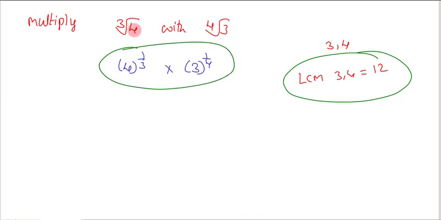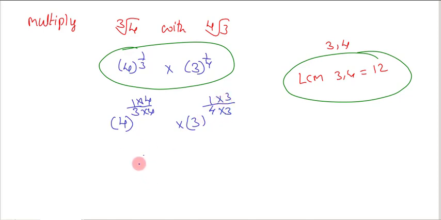To make the denominator of 4 to the power of 1 by 3 equal to 12, I multiply by 4 by 4. In the same manner, for 3 to the power of 1 by 4, I multiply by 3 by 3.